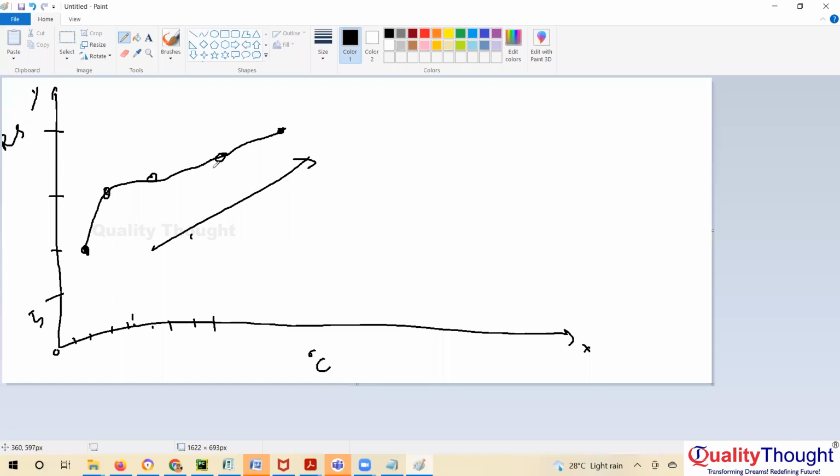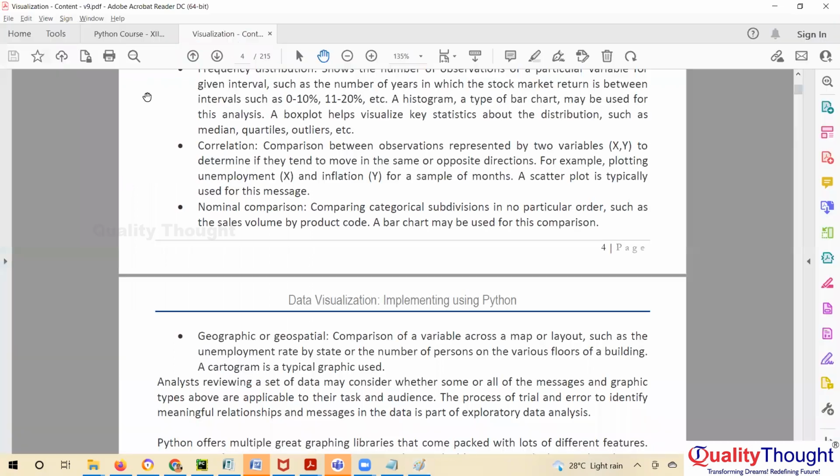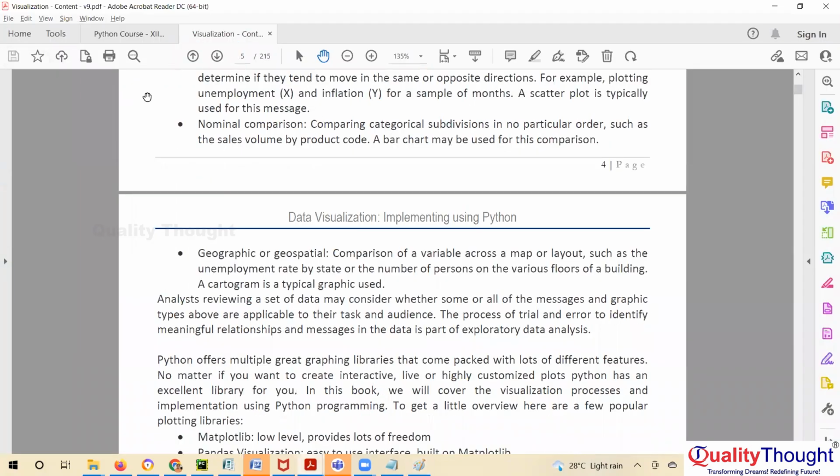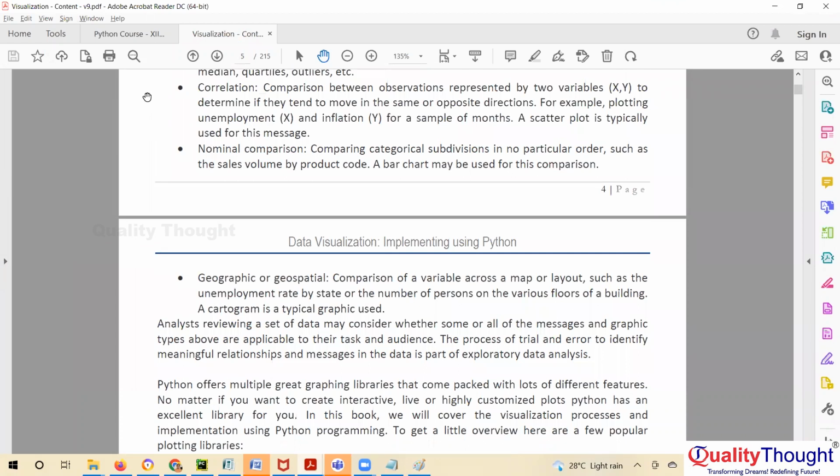Scatter plot will have points, and one point will represent value on x and y. So if you see here, this has a value on x and value on y, isn't it? So that's called correlation plot, or your scatter plot.